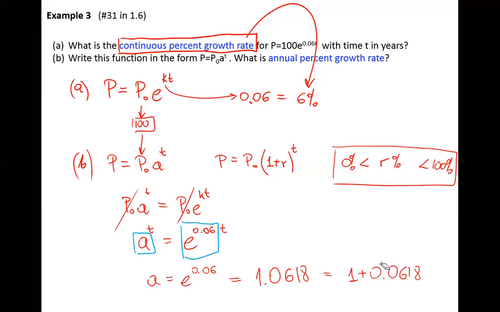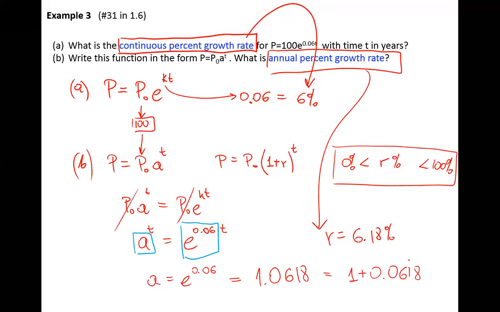That means the rate I can put will be the annual. The annual percentage rate is just 6.18 from here. Okay, that means we can see the continuous is 6%.